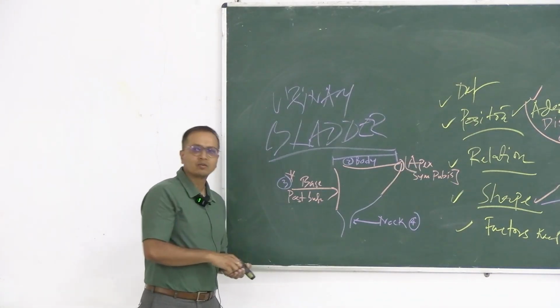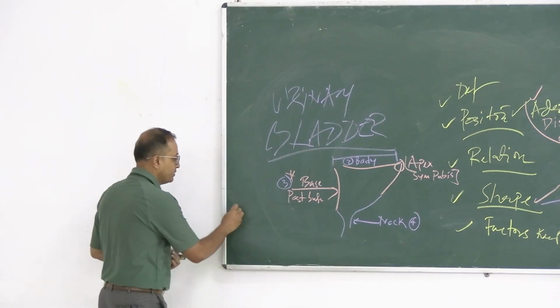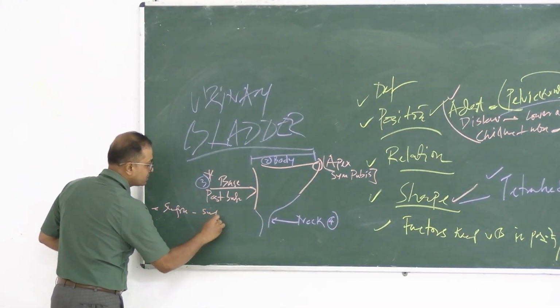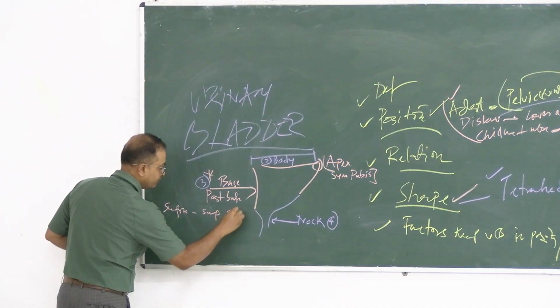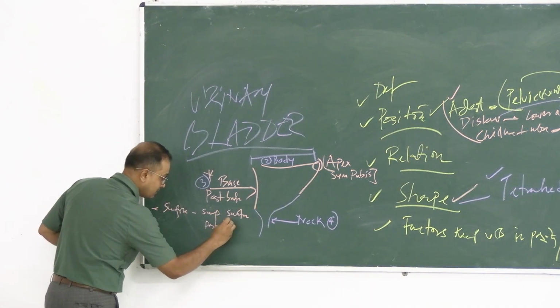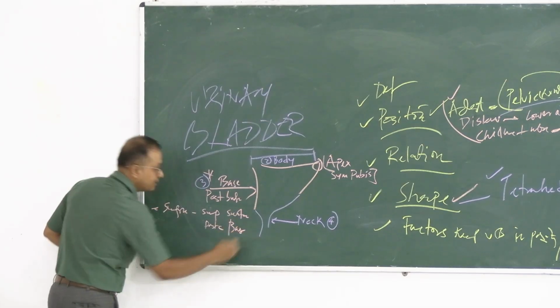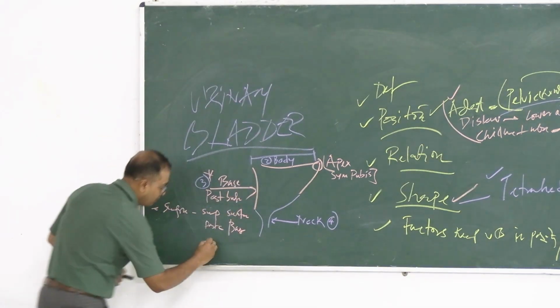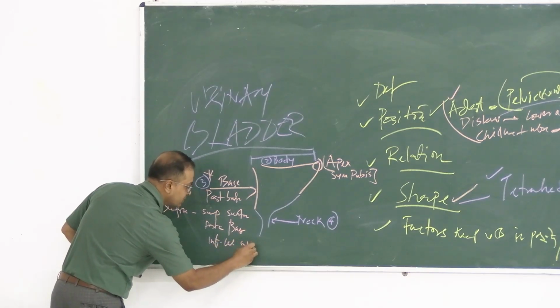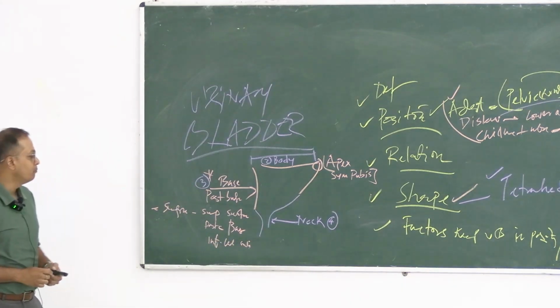Other than this, it has a few surfaces. You have the superior surface, the posterior surface, also known as the base, and a small shallow inferolateral surface which is related to the lateral hip bones.